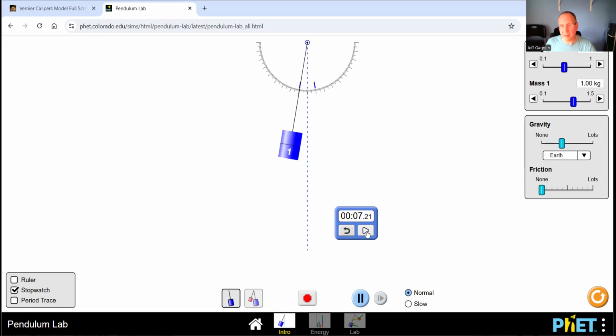Stop it after 5 oscillations. So that'd be the time for 5 oscillations at 50 centimeters. You're going to do that for each length from 10 centimeters all the way to 50 centimeters. And really, that's all the data that we need for this.